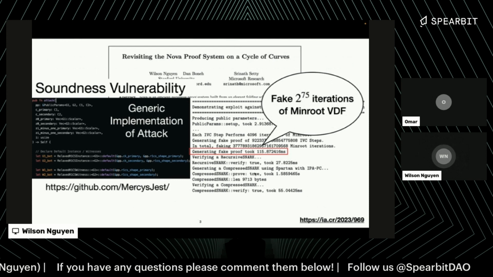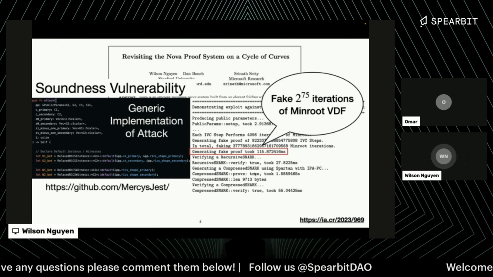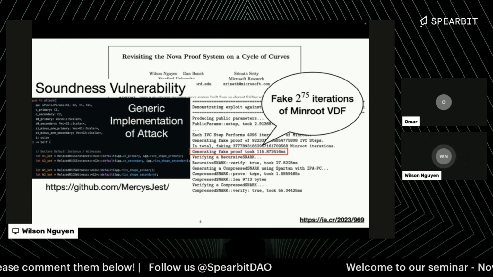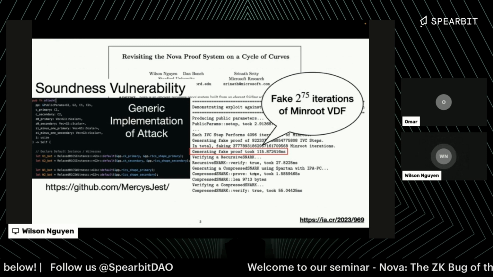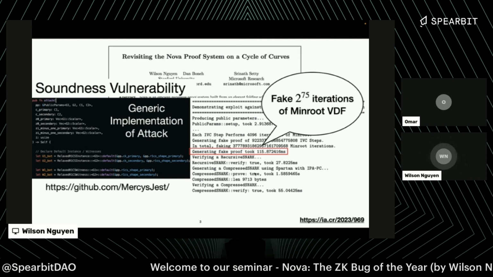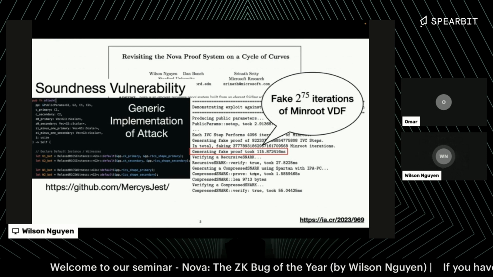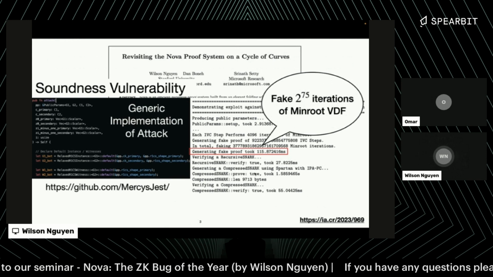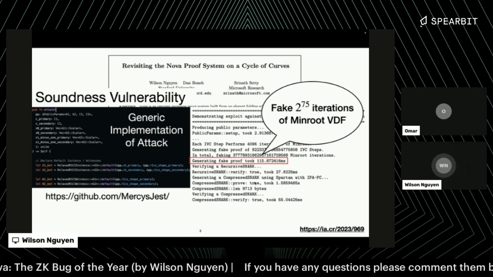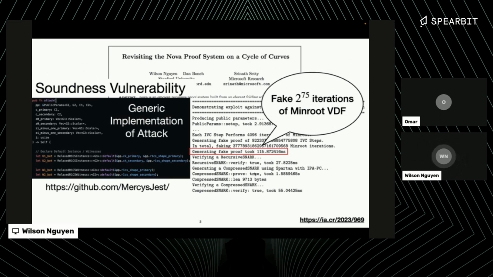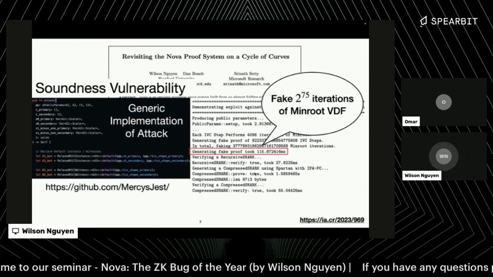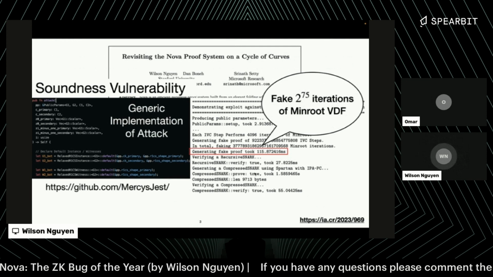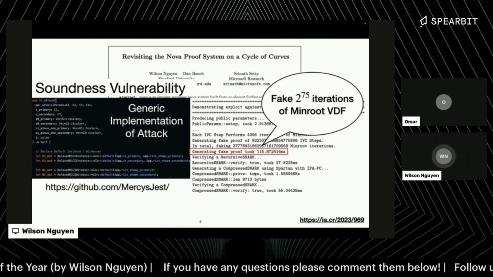In the paper, I listed 1.46 seconds, but we're actually way faster. It's because I forgot to compile in release mode, and so the numbers from the paper are from debug mode. If the Nova IVC scheme had actually been secure, this would have taken thousands of years. The fact that we generated an accepting but fake proof means that the IVC scheme was actually insecure.